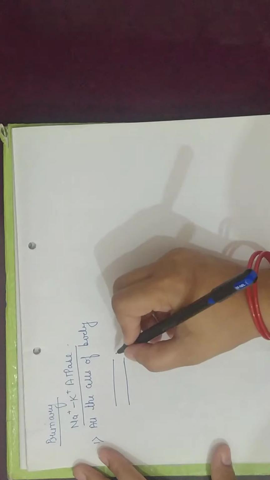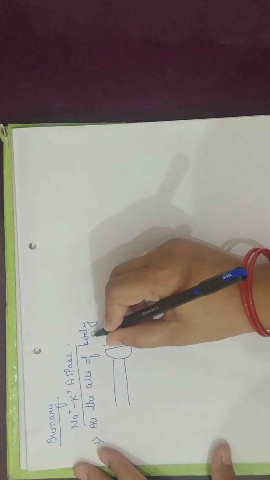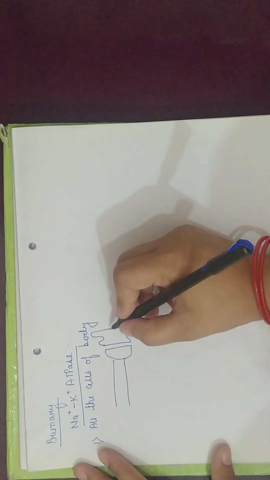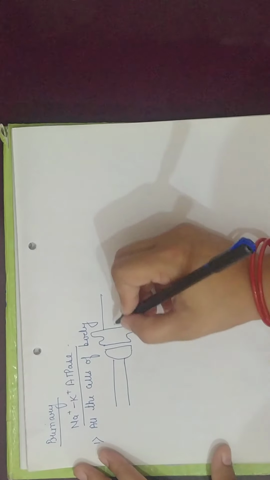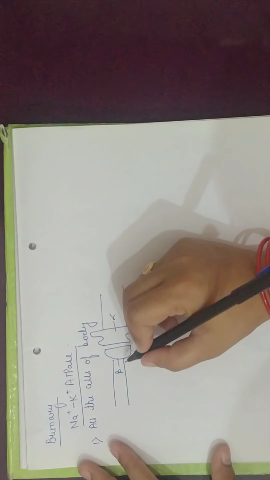If we see this sodium potassium ATPase, it consists of two subunits: one is the alpha subunit and the other is the beta subunit. The alpha subunit is the larger one and the beta subunit is the smaller one.